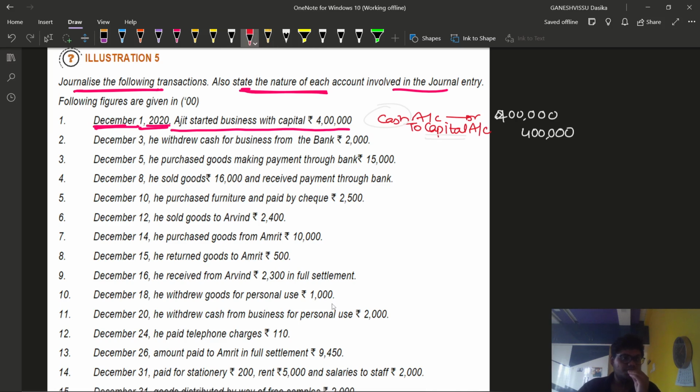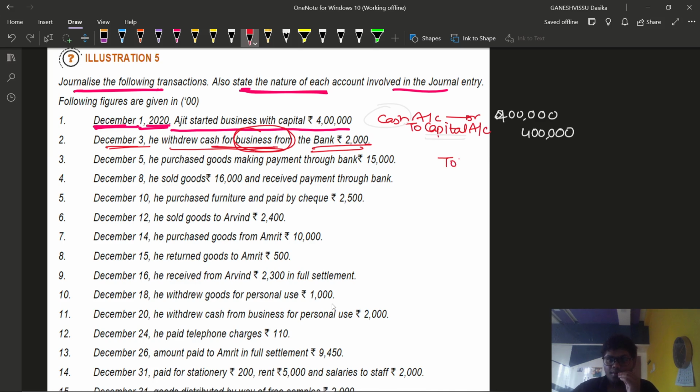Now on December 3rd, he withdrew cash for business from the bank. No problem. Whenever he is withdrawing cash from the bank, then bank is the giver to the business, right?